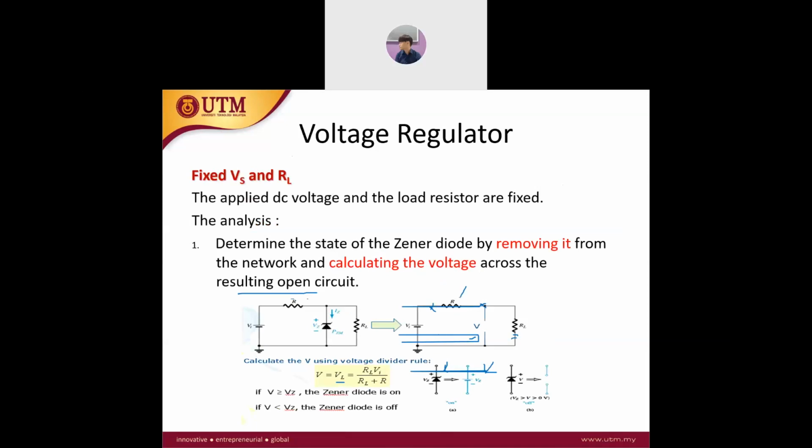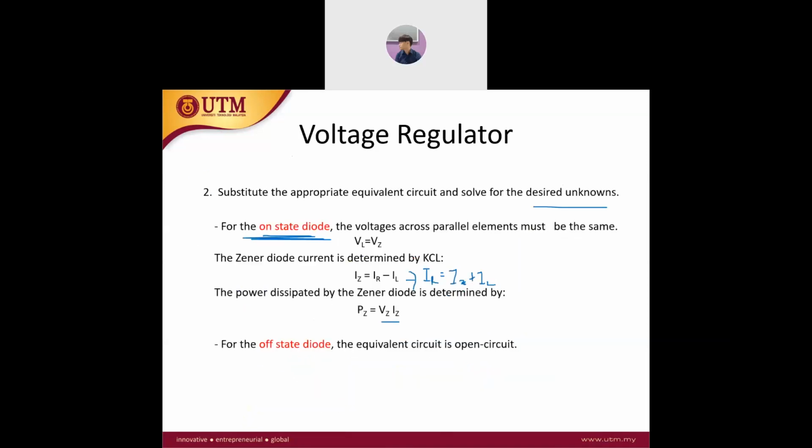Because you have IR here, it is split between this VZ branch and the load. That's why IZ plus IL, the load current, equals the current passing through this resistance before it is split.